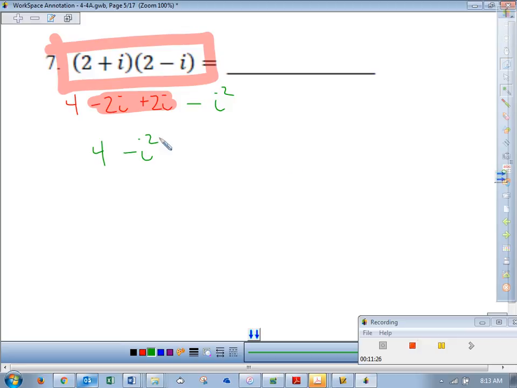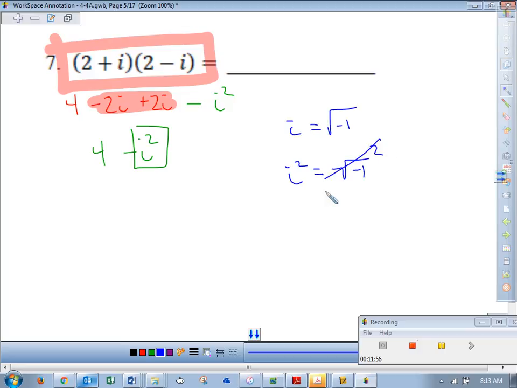So we have to realize what i squared is. Let me explain it to you one more time since some people were gone. Isn't i equal to the square root of negative 1? Correct? And if you take i squared, wouldn't you take the square root of negative 1 and square it? What's the square root of negative 1 squared?